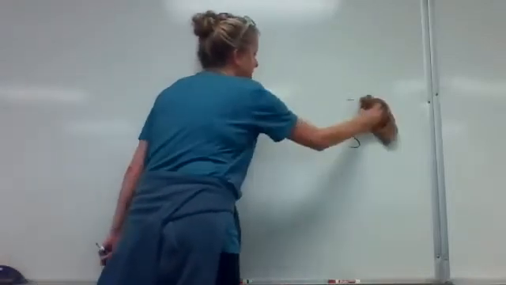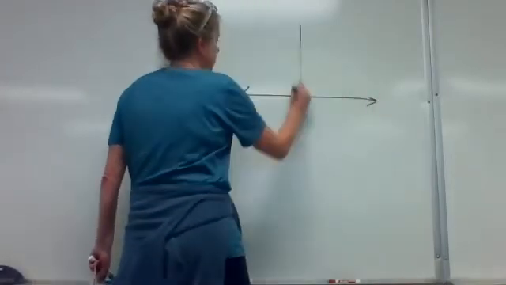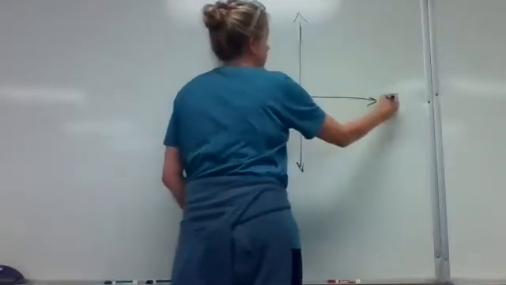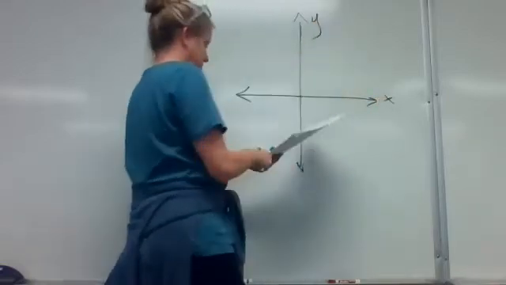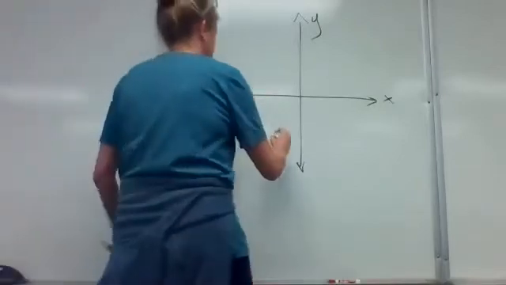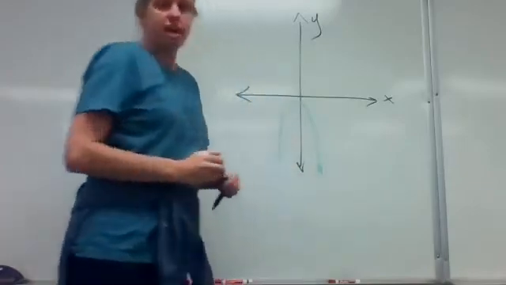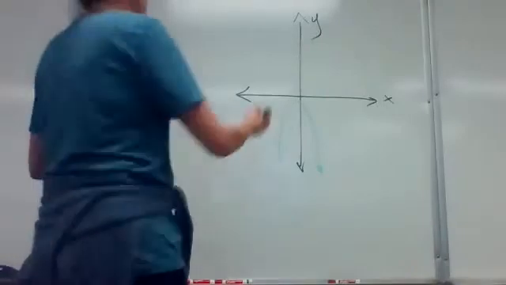All right, number 3 is determining whether this is the graph of a function or not. Okay, so it's an upside down parabola. And remember what we use.